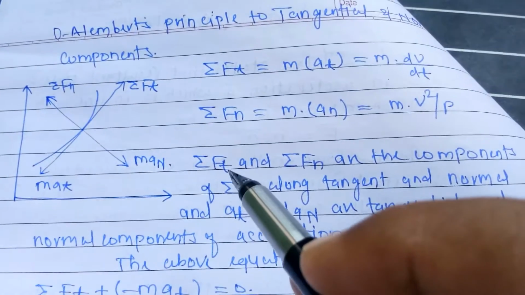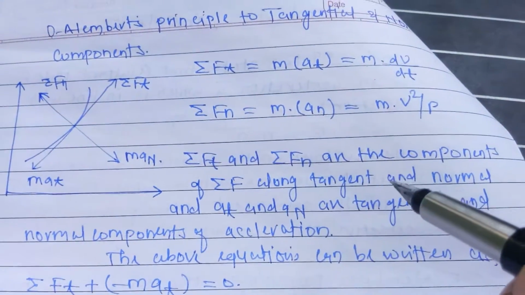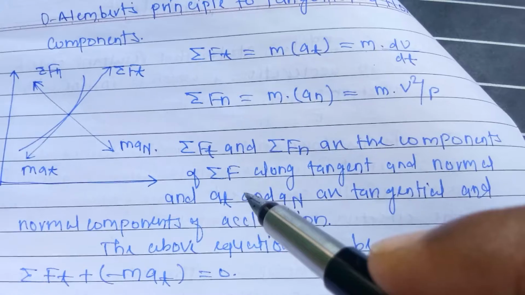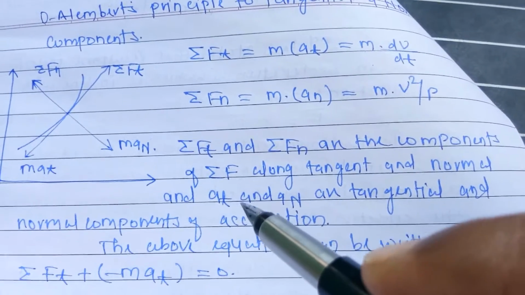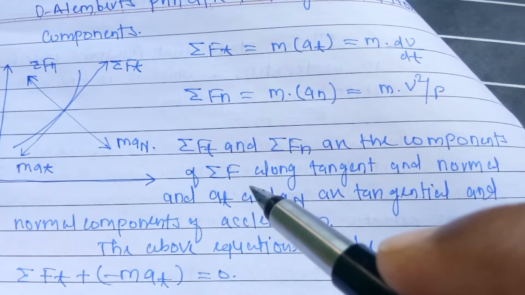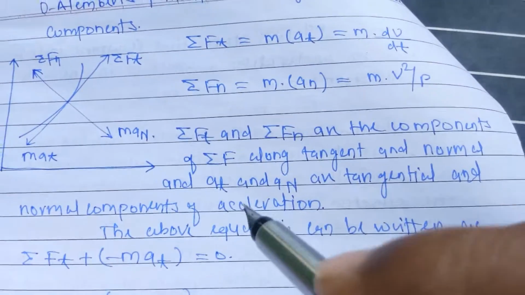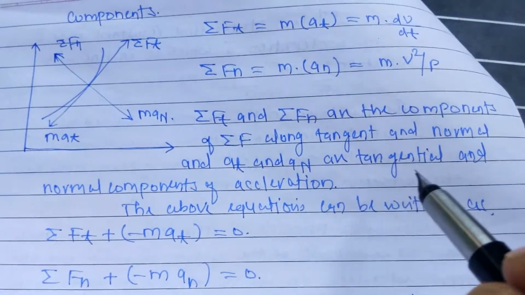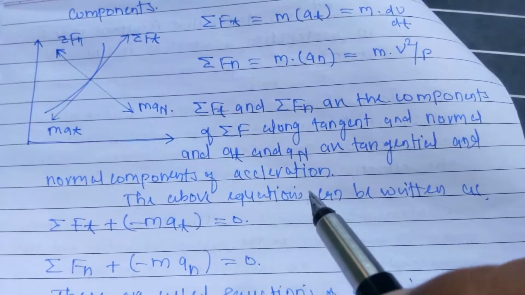Now summation of Ft and Fn are the components of forces along the tangent and normal, and at and an are the tangential and normal components of acceleration.